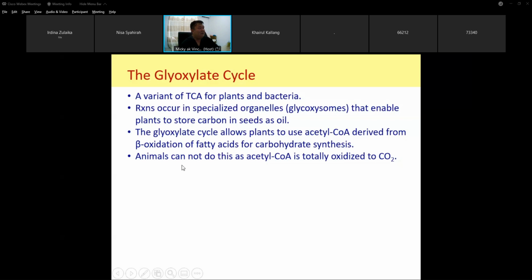Jadi animal cannot do this, because our acetyl CoA is totally used dalam bentuk CO2. Jadi maksudnya animal can only undergo the Krebs cycle. During the Krebs cycle we lose CO2, but in plant they can have another cycle, which does not lose the CO2. And this cycle is called the glyoxylate cycle.